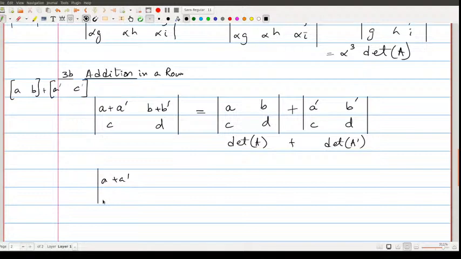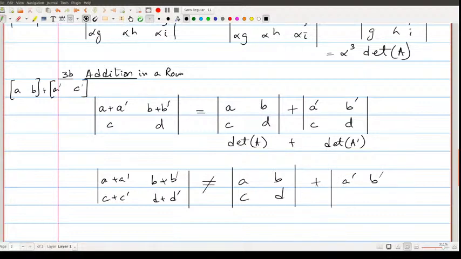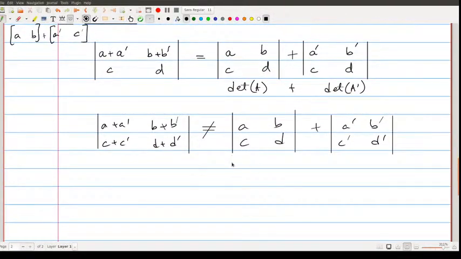But again, to emphasize, if I have a different case, for example, A plus A prime, B plus B prime in one row and C plus C prime, D plus D prime in the other, then that's happening in two different rows. So I can't say that this is true anymore. I can't say that this is the determinant of A, B, C, D plus the determinant of A prime, B prime, C prime, D prime. The correct thing in that situation would be to do it 2 times.